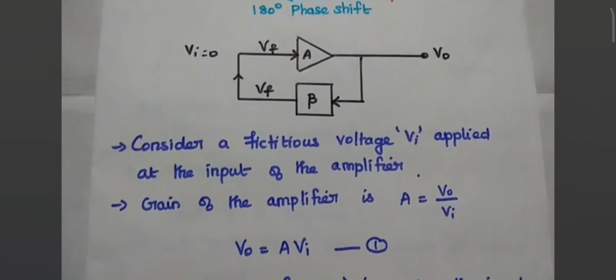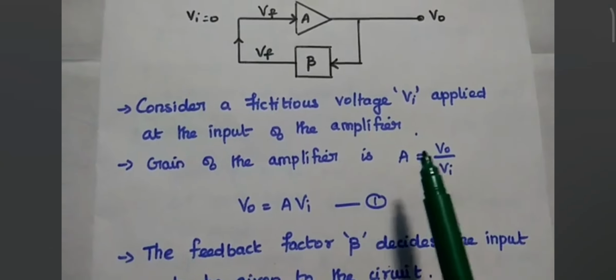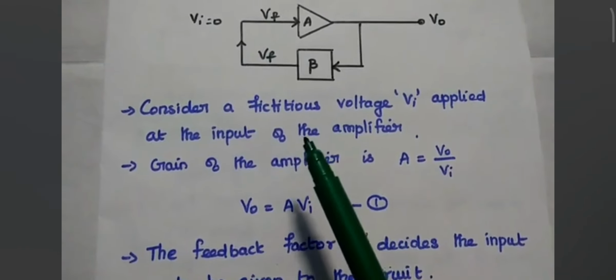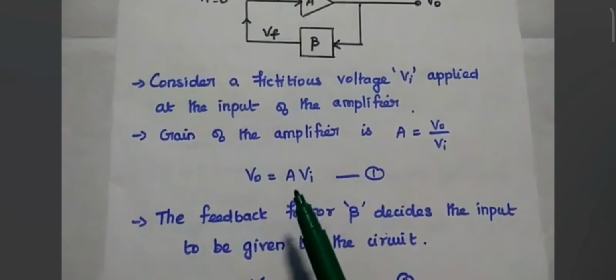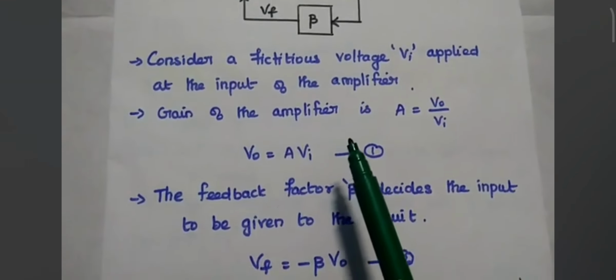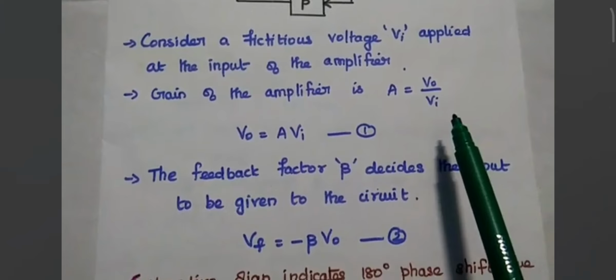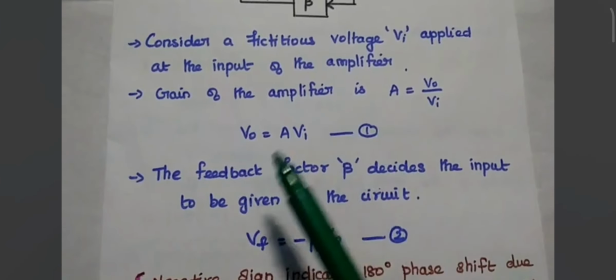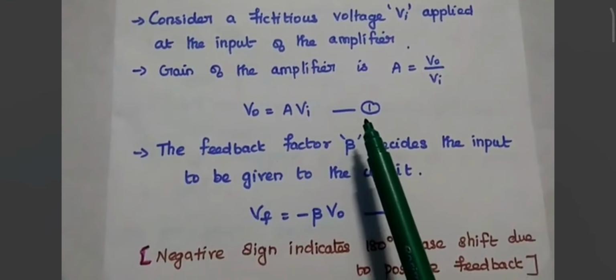Here we can consider a fictitious voltage Vi applied at the input of the amplifier. Actually it is an imaginary one; we can assume there is an input voltage. The gain of the amplifier is A, which is equal to output voltage by input voltage. From this we get Vo is equal to A into Vi. Consider this as the first equation.